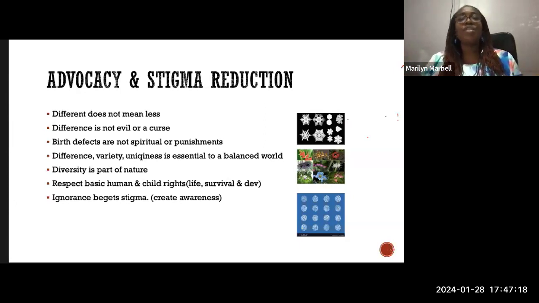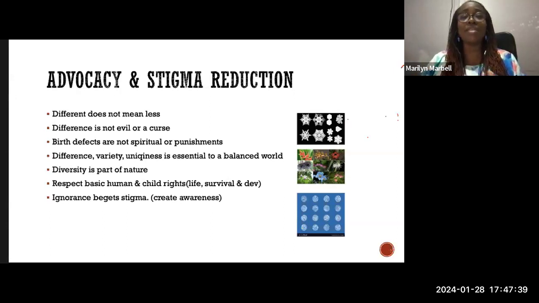They have the right to life, the right to survival, the right to good development. They have the right not to be discriminated against, and the right that the best is done for them. These are some of their basic human rights.